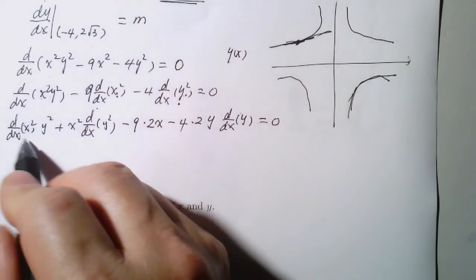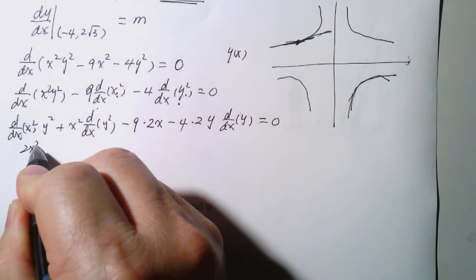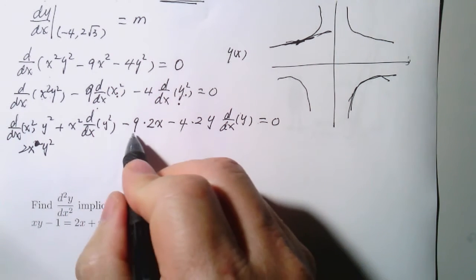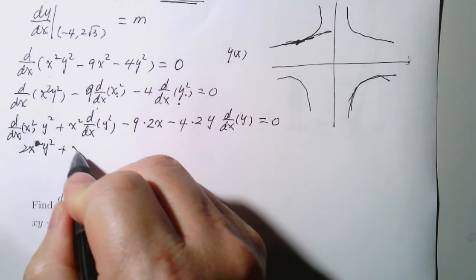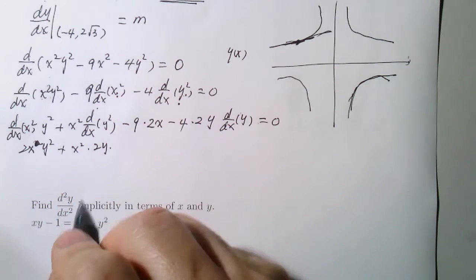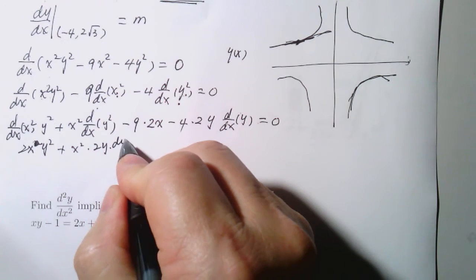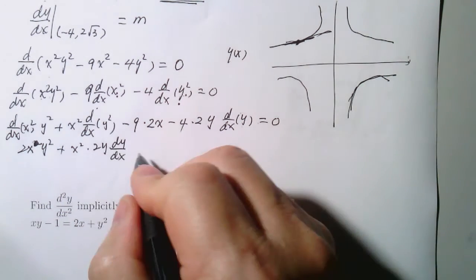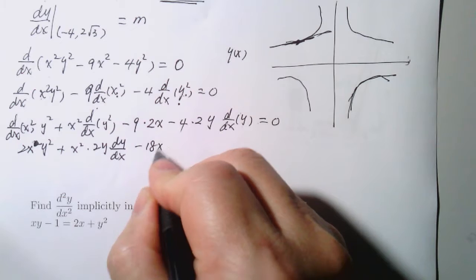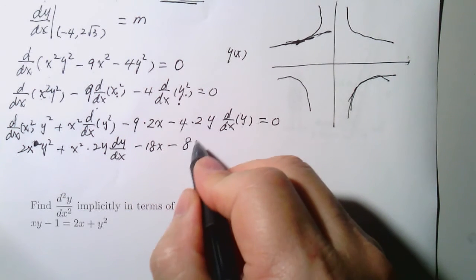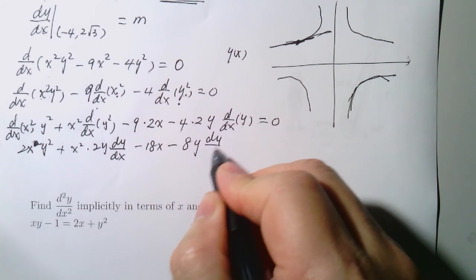Now this gives us 2xy squared plus x squared times 2y dy/dx, minus 18x minus 8y dy/dx.